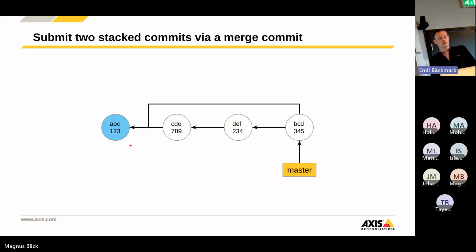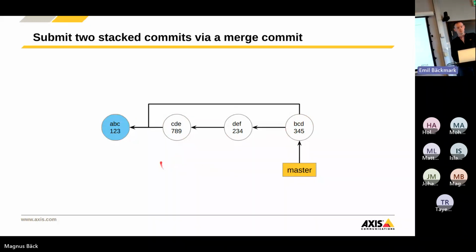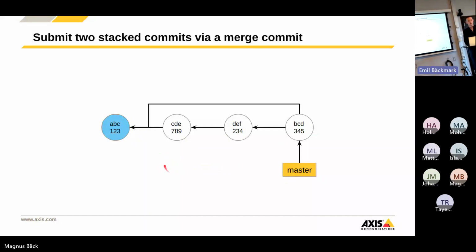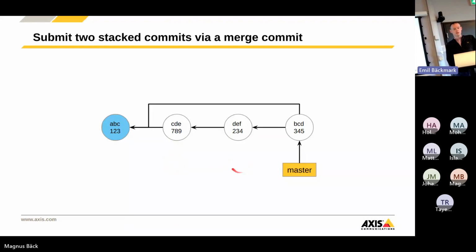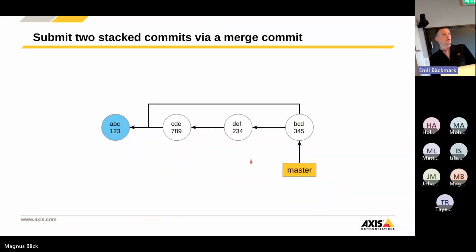For example, let's say, maybe I should have used this example to actually have parallel development. Let's say we have parallel development taking place here, and we have one commit down here, one commit down here, and then we merge those two together in this commit here. Then this would have been what the master branch looked like yesterday, and this was what the master branch looked like this morning.